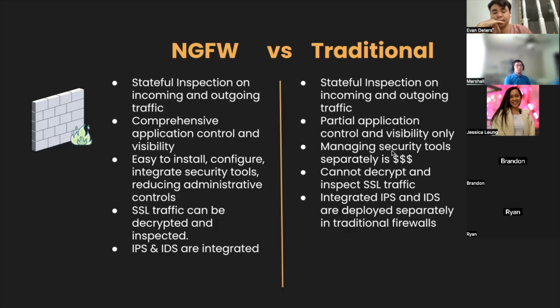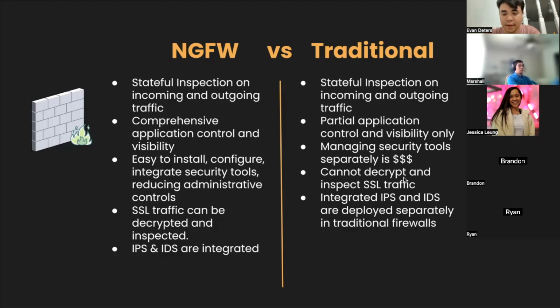And traditional doesn't have any features, so it'll cost more. If you manage entirely on Windows firewall, you may have administrative overhead. But for smaller networks, you would typically go with only traditional firewalls.